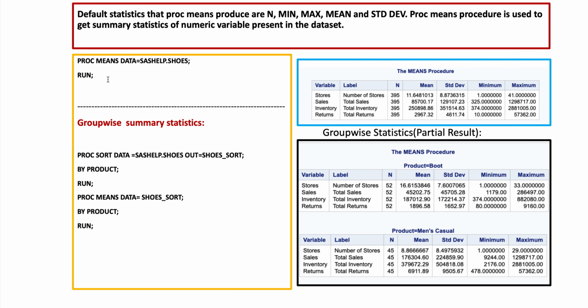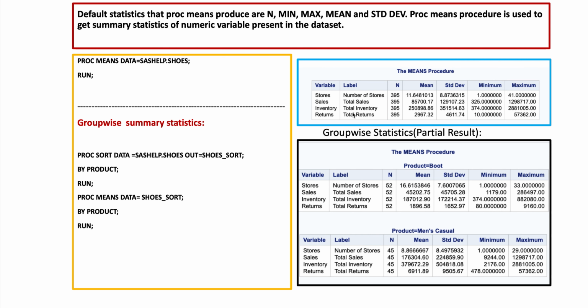When we run the first set of code, it will produce the result as shown on the right side, the first table. Its heading is The MEANS Procedure. In the variable section, we observe that these are all numeric variables: stores, sales, inventory, and returns. Labels mean those variables are defined with a different name.